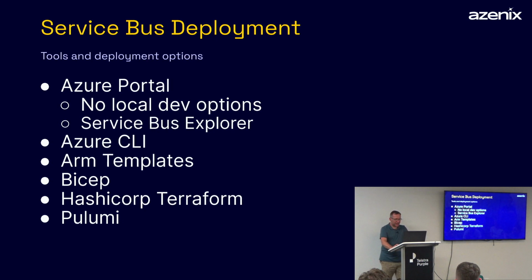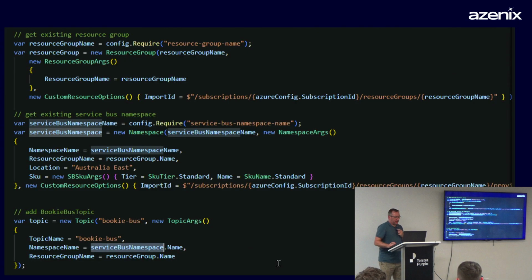But finally, I'm going to go to my favorite one, and it's called Pulumi. A core reason why I like Pulumi is that the code you put into Pulumi to configure your infrastructure is .NET code. So if you want to create a resource group at the top here, and then create a service bus namespace inside that resource group, you've got this reference here to resource group name.